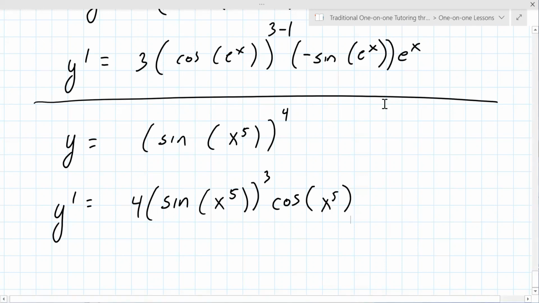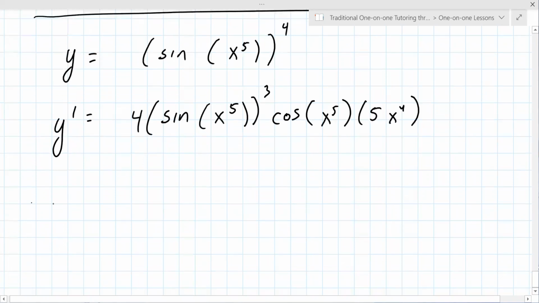Then you take the derivative of x to the fifth, which is 5x to the power of 4. Yes. Okay, let's try another one.